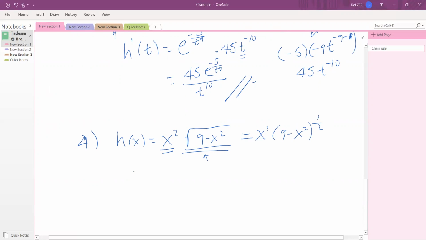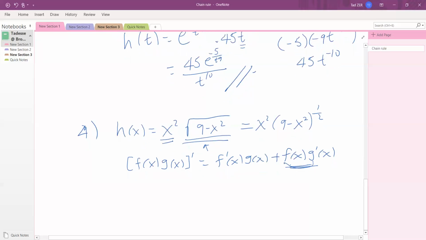I hope you remember the product rule. The product rule says what? The derivative of f of x times g of x is f prime at x times g of x plus f of x times g prime at x. It doesn't matter which one comes first, because multiplication is commutative, right? You can commute. Order is not important.